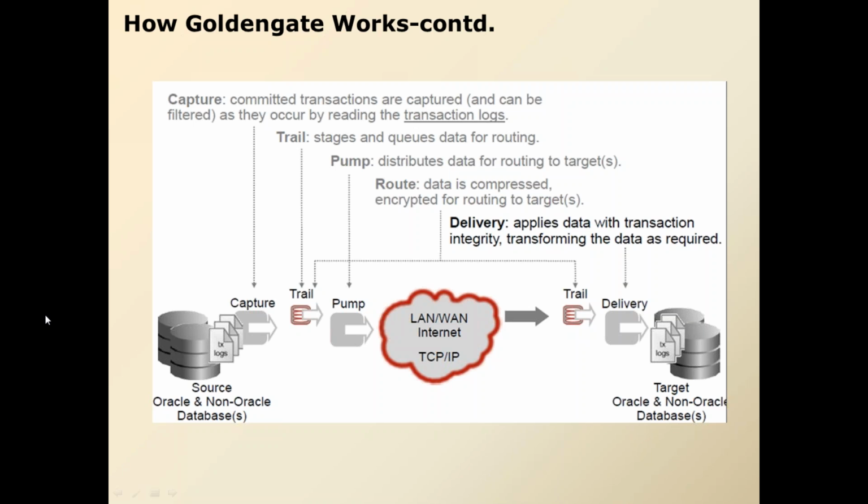Now every database has its own transactional logs. In case of Oracle, these transactional logs are known as redo logs or backup of redo logs, which are archive logs. So whatever changes you make, whether DDL or DML, will be recorded into these transaction logs, even if they are committed or uncommitted.